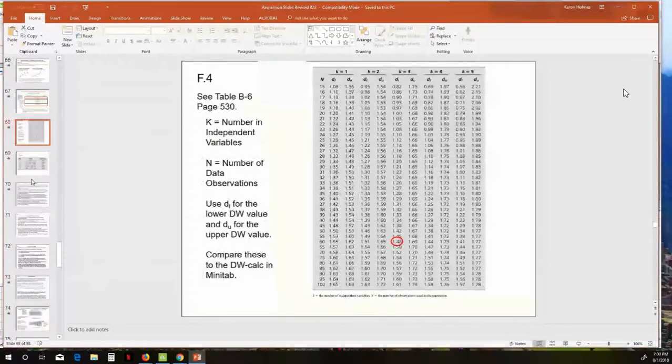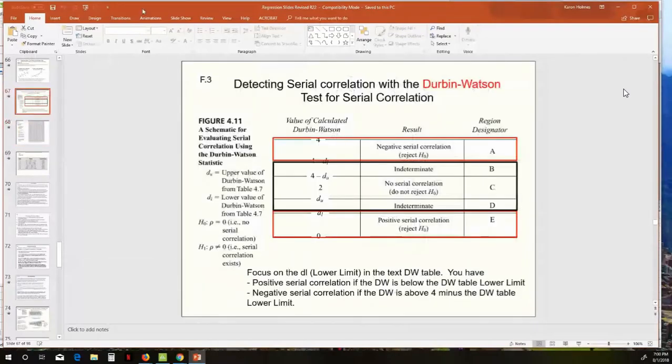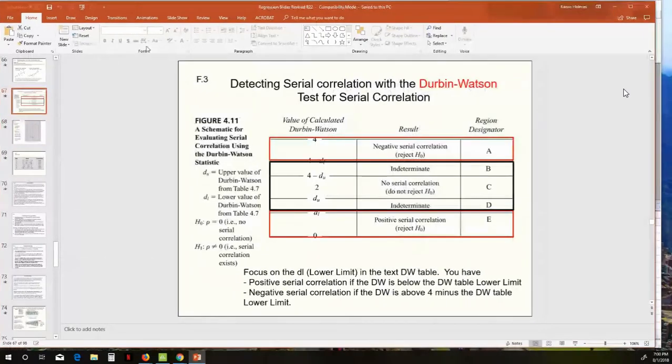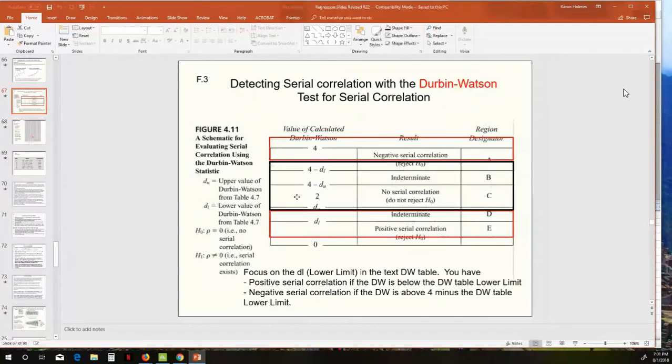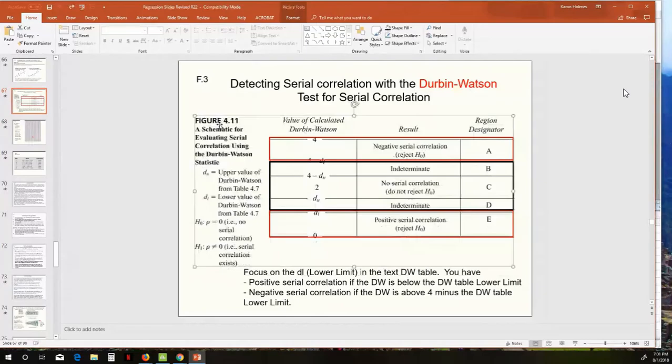table. The Durbin-Watson statistic I mentioned in the last class, the Durbin-Watson statistic produced by your regression analysis should fall within this sweet spot. Okay? That is, it should be lower than 4 minus the lower table limit, and it should be above the lower table limit.